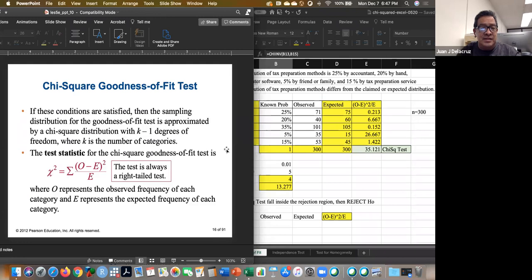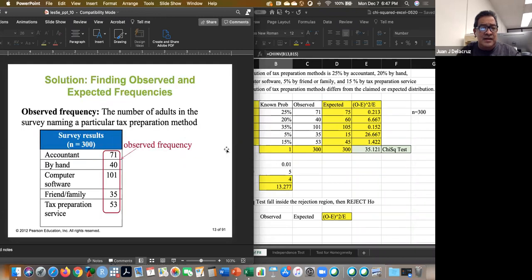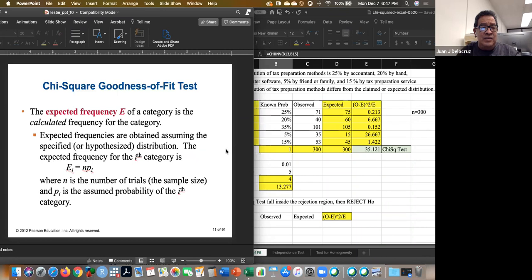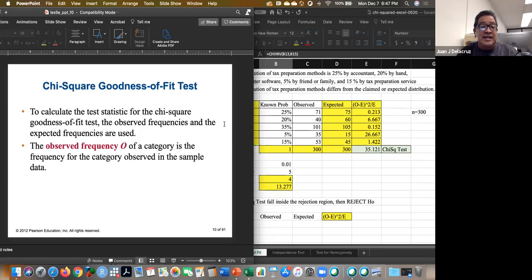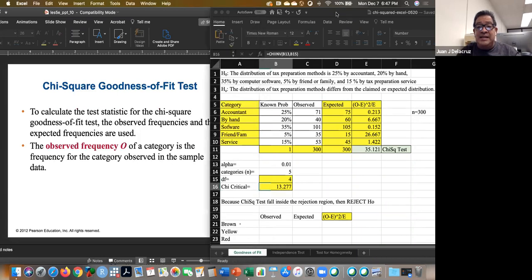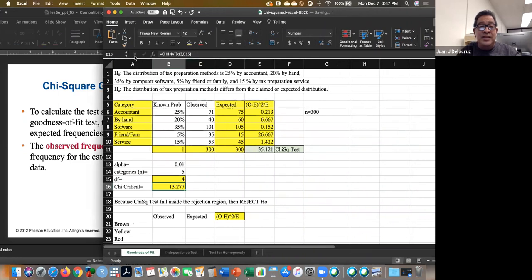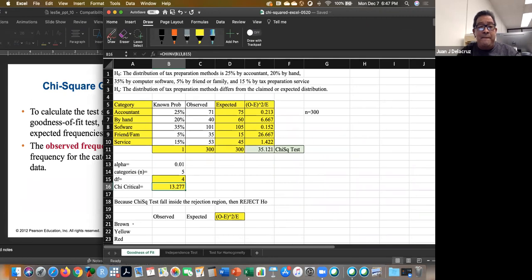In this case, let me see if I skipped it. But very likely we're going to be using a right tail test. So let me draw my distribution. For the chi-square, remember it is skewed right.